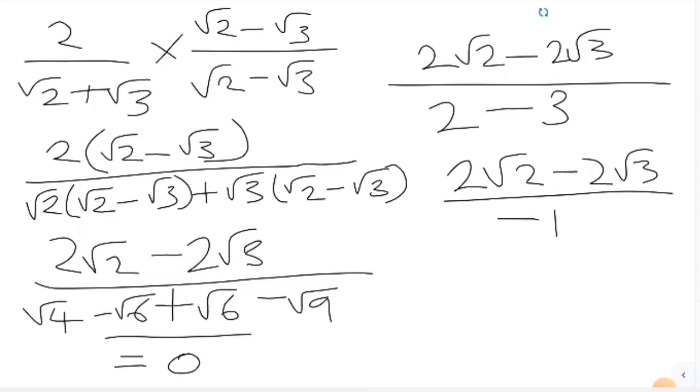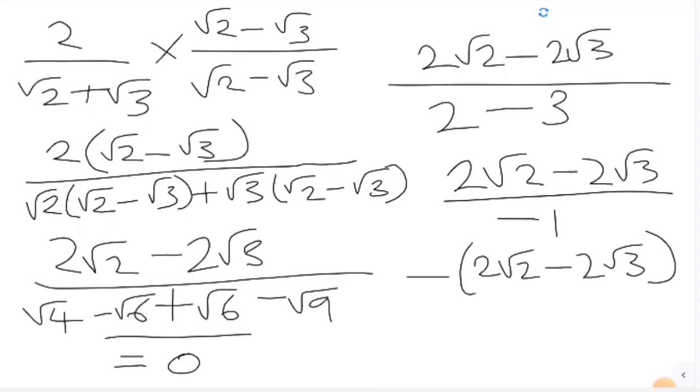And in maths, you can't leave your answer like this, so we'll take our minus sign to the top, to the numerator. So it becomes minus, open bracket, 2 root 2 minus 2 root 3.